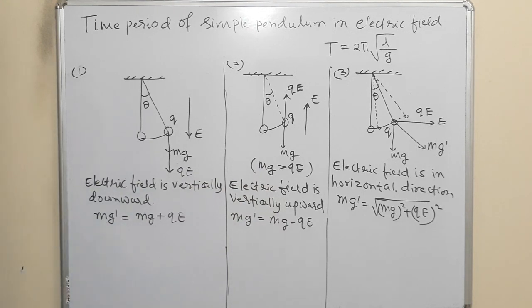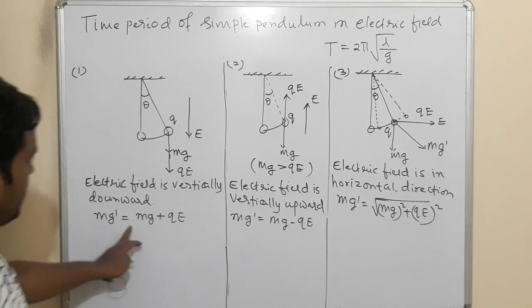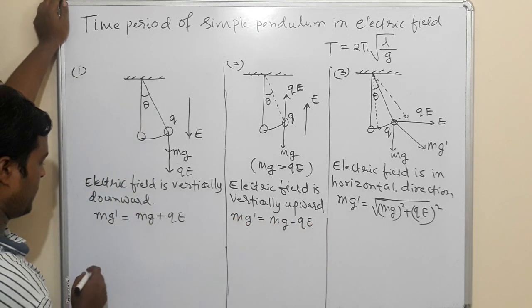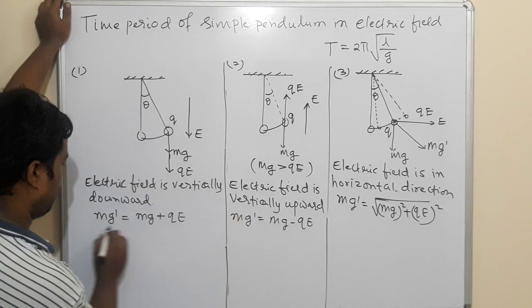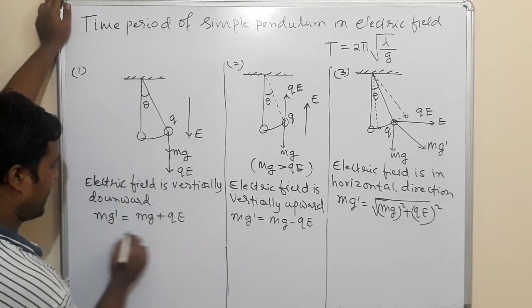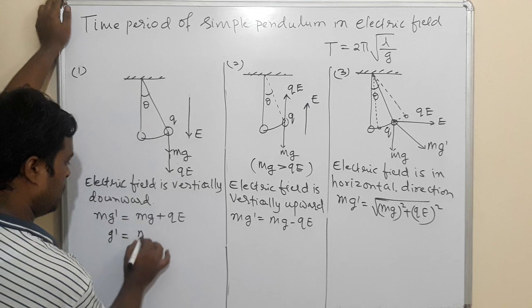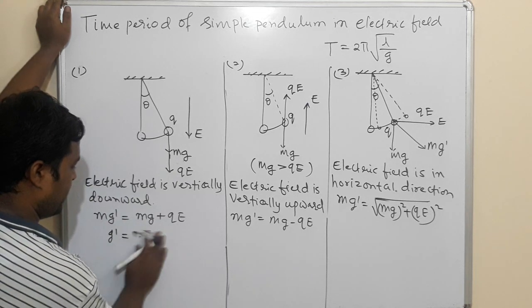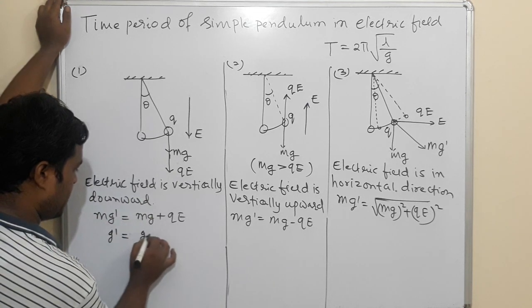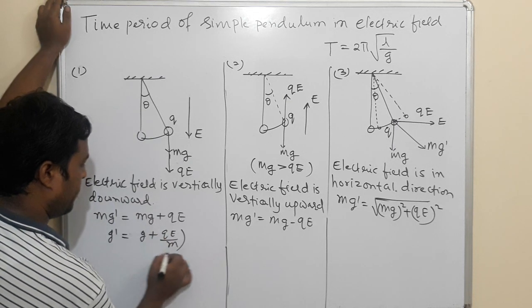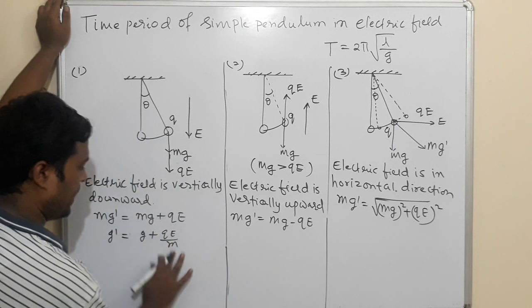Then depending on this effective weight, g dash will change. In all the three cases, I will divide the LHS and RHS by mass. Then g dash is equal to mg divided by mass, this will be g, plus QE by m.